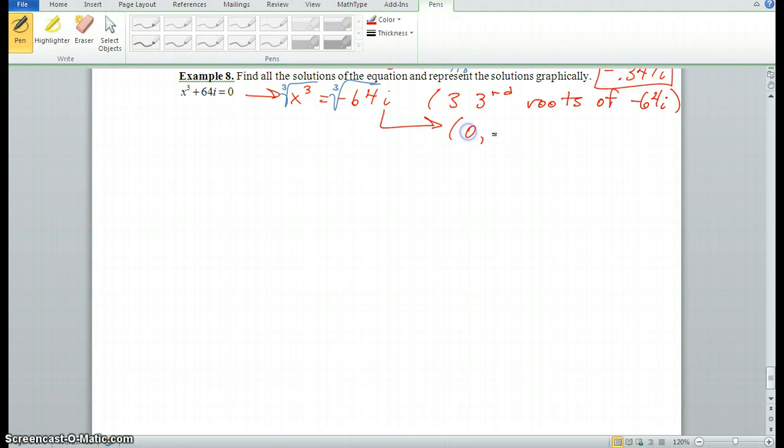I'm going to write this as an ordered pair, 0, negative 64 as a and b respectively. As an ordered pair, 0, negative 64 puts us down here.